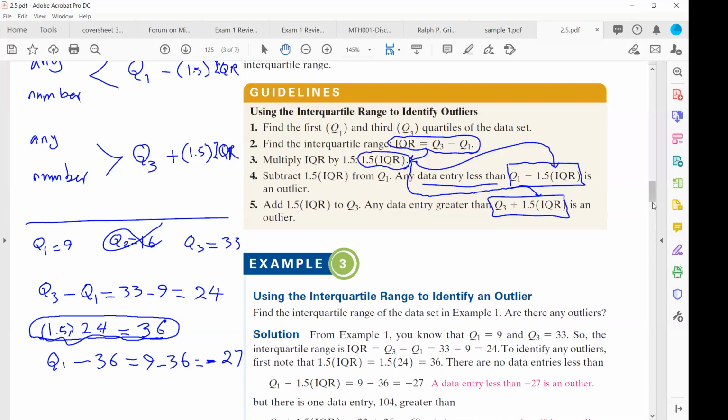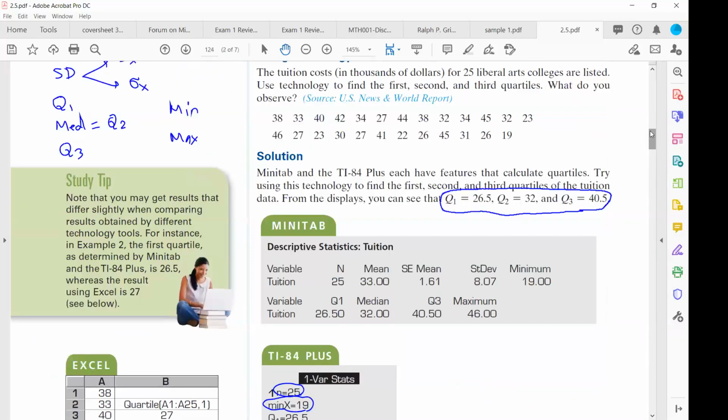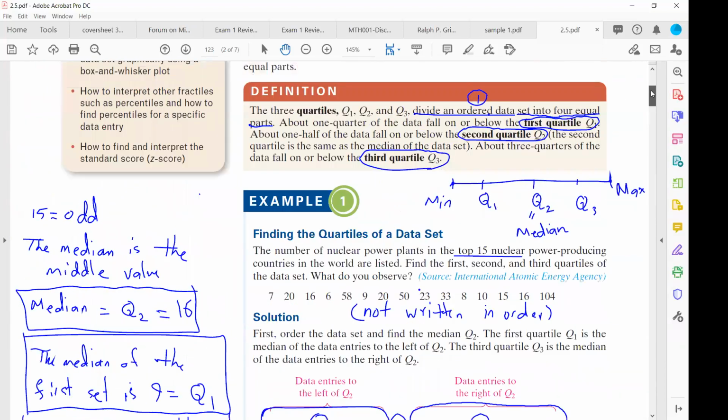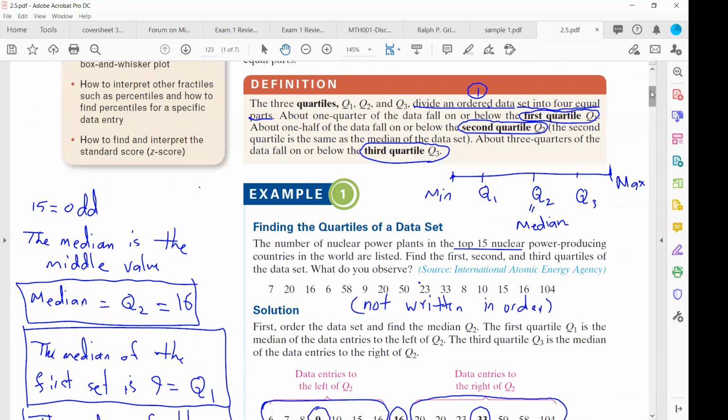Let us get back to our example 1. Do we have any negative numbers in our collection? Take a look at your numbers. Do we have any negative numbers here? All numbers are positive. Since we don't have any negative number here, it means that negative 27 doesn't give us any information about any possible outlier.